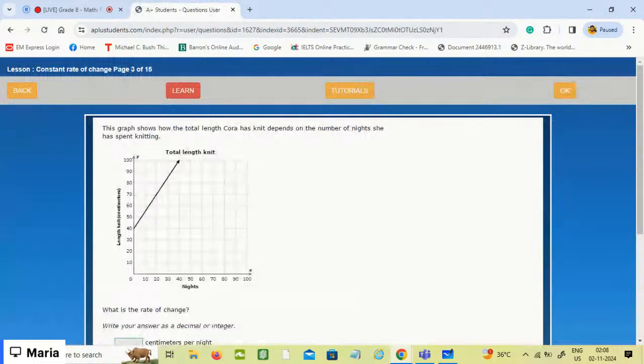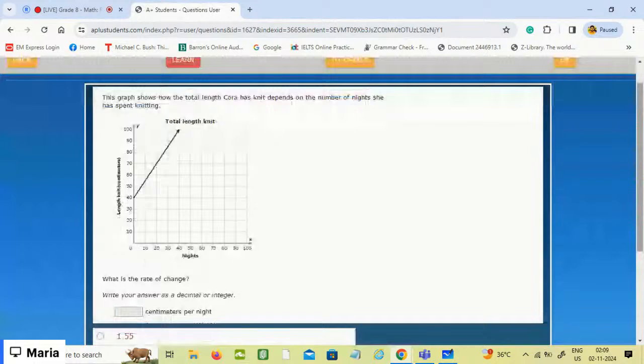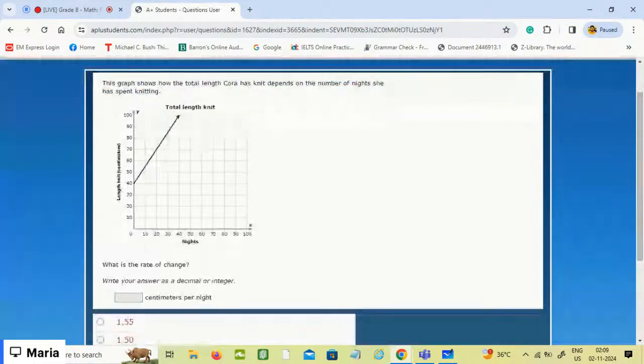This graph shows how the total length Cora has knit depends on the number of nights she spent knitting. So which is the correct option?